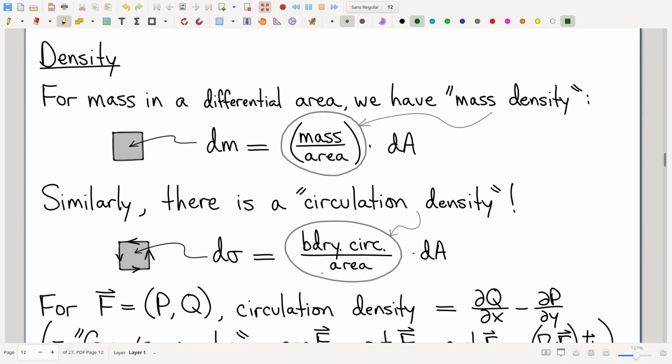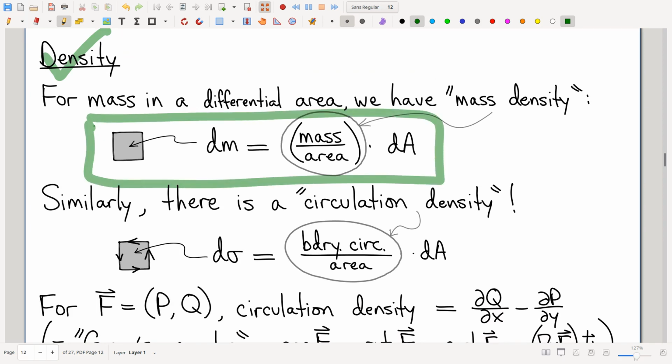If you have stuff, you can talk about stuff per unit size, aka density. And so now here's our first very familiar notion of density, mass per unit size. I can talk about any given little rectangle, there's this accumulating quantity called mass. I can therefore talk about how much mass is in this region individually.